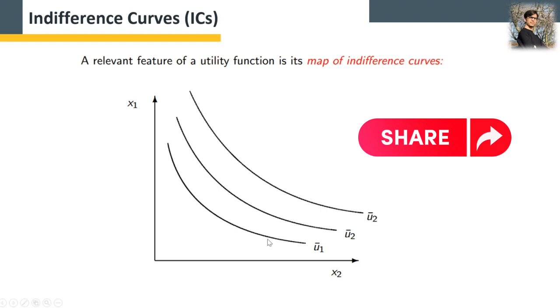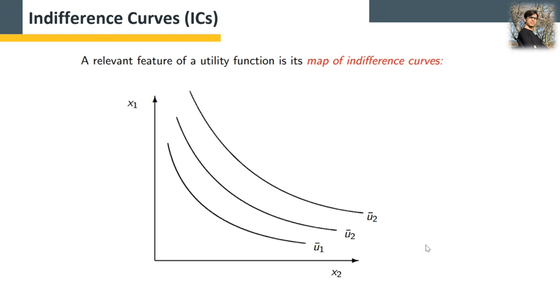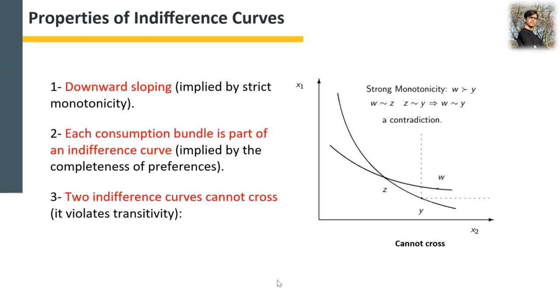So here U1 bar, U2 bar, and U3 bar are different indifference curves that provide different utility. A higher indifference curve provides higher utility, a lower indifference curve provides lower utility. But now let's talk more about the properties of indifference curves in the next slide.